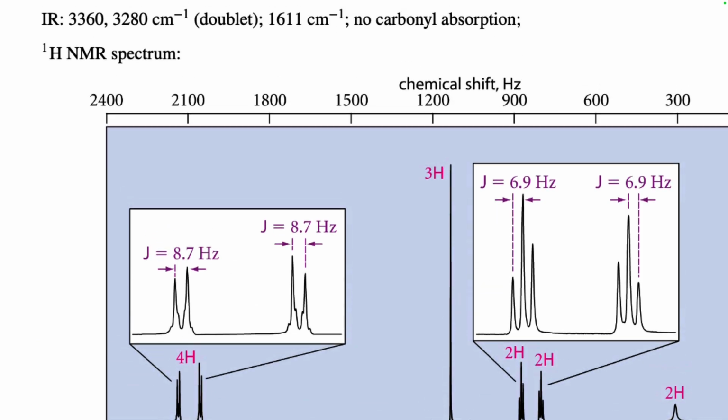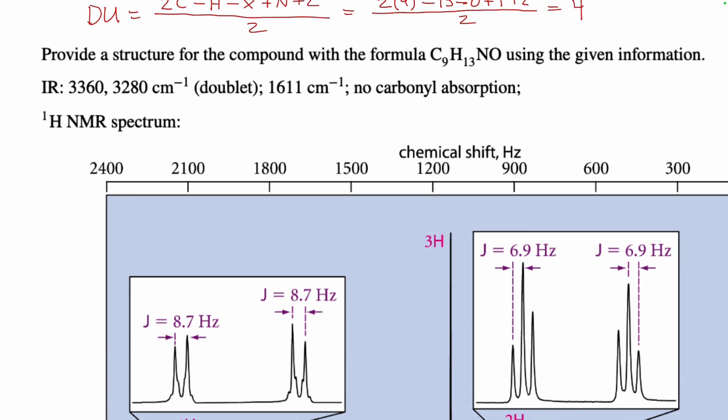The other thing that we have is some IR data. So we've got some other data. Let's take a look at this IR data and see what it's telling us. In the IR, there's what it's calling a doublet, and it's giving 3360, 3280 as frequencies. This would be easier to decipher if you had the spectrum. You'd see a broad spiked signal, and the 2 spikes would occur at the 3360 and the 3280.